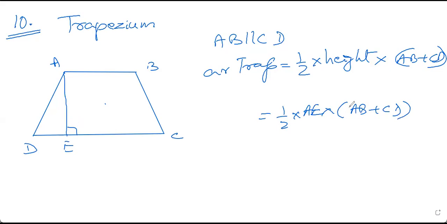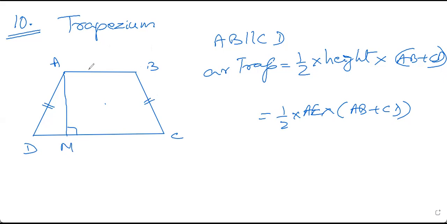Now, in our question here, this point here is not E. It is something else. It is written as M. What is also given is AB is congruent to BC.